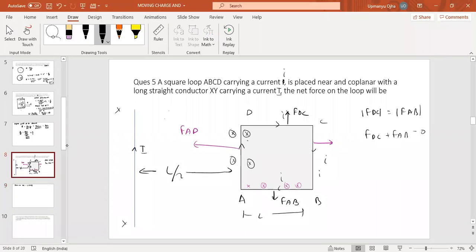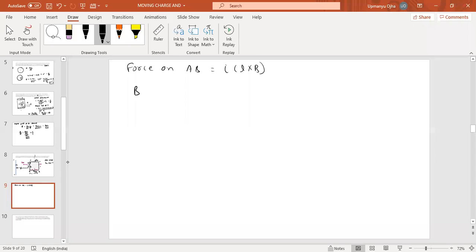If you take these two long current-carrying wires, the magnetic field due to this wire on AD will be B equal to mu naught I by 2 pi L by 2. This would be capital I.